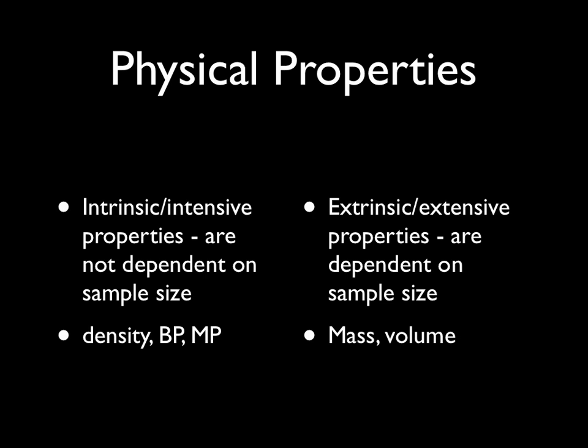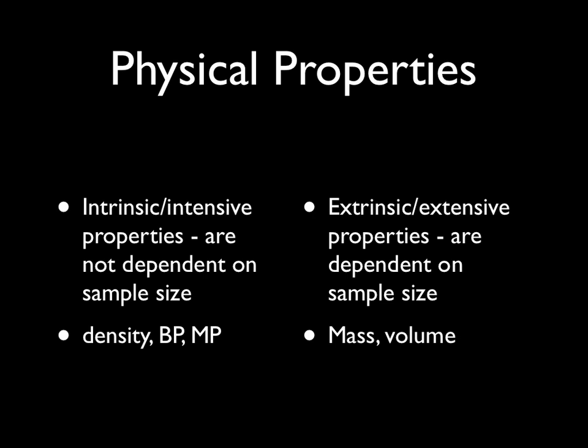So that's an example of an intensive property. Same thing with density. Density of water is 1 gram per milliliter, so it doesn't matter whether we have a large sample of water or a small sample of water, it is going to have the same density.